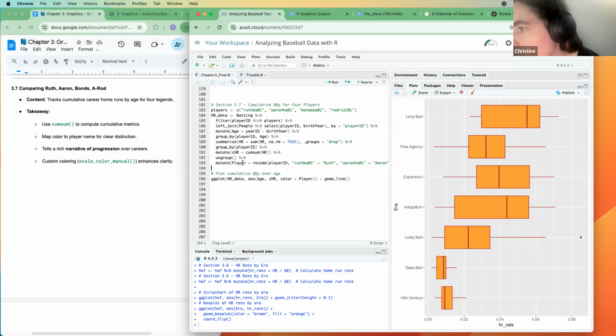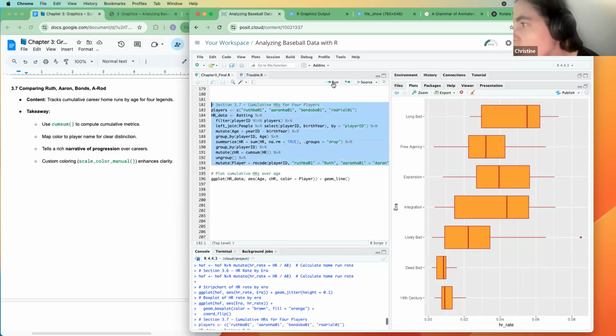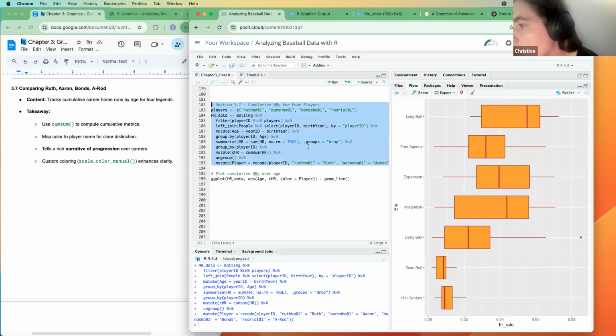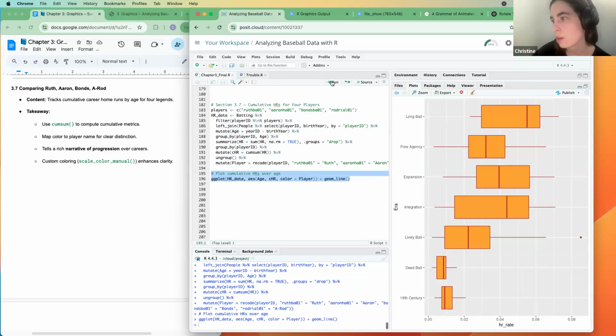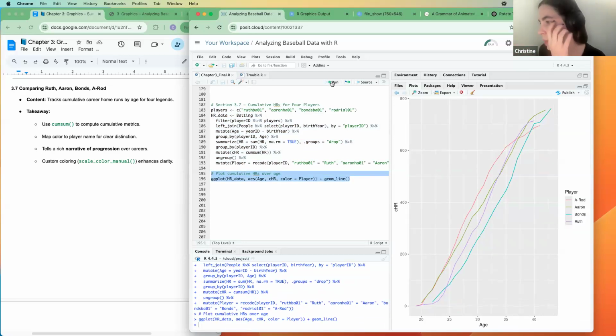So I'm going to pull this up. Then we put together a graphic, and let's see, page bar. So cumulative home run data.